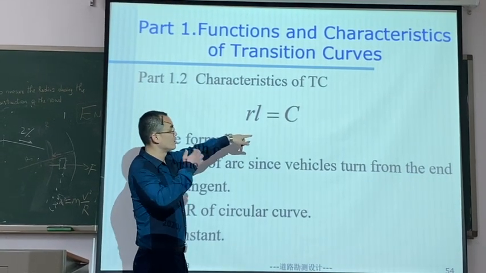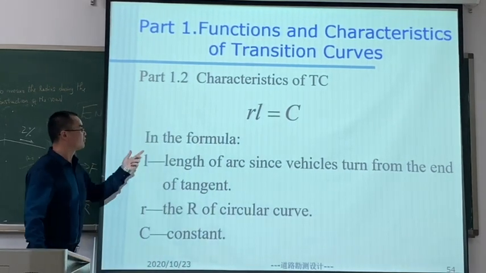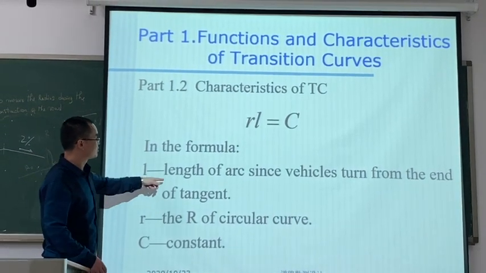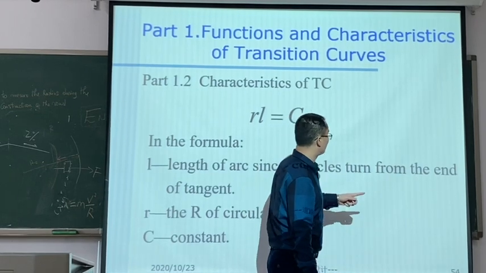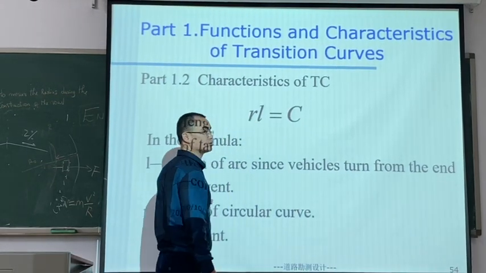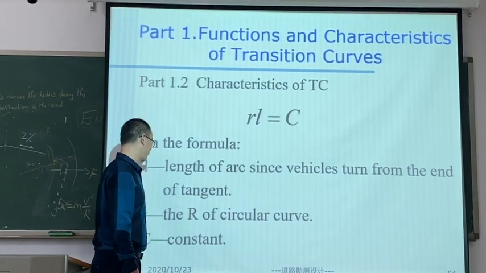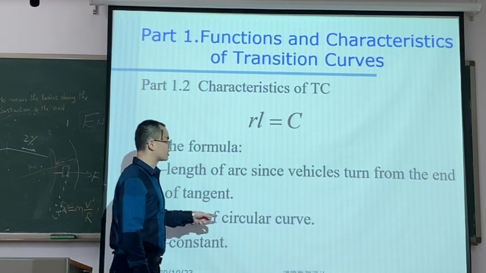C is constant. In the equation, L is the length of arc since the vehicle came from the end of the tangent. Tangent is a straight line. R is the radius of the circular curve.